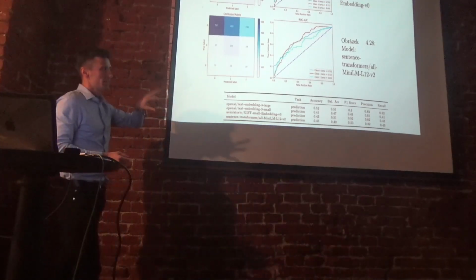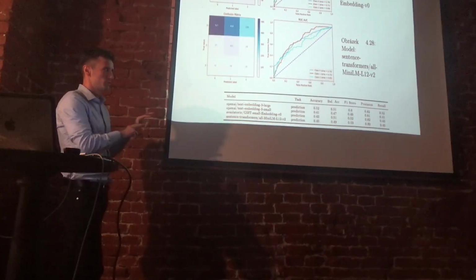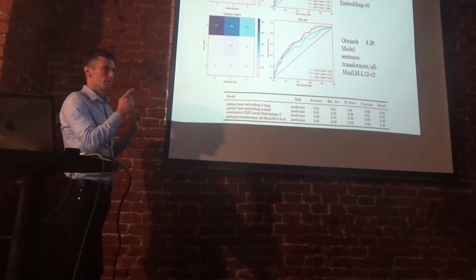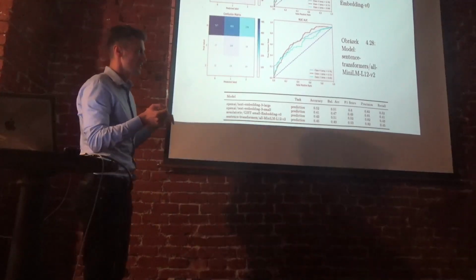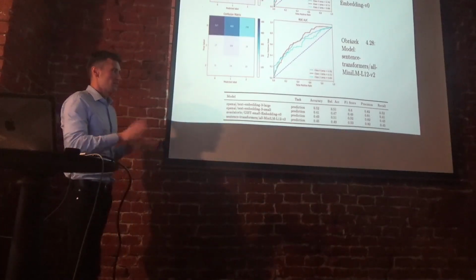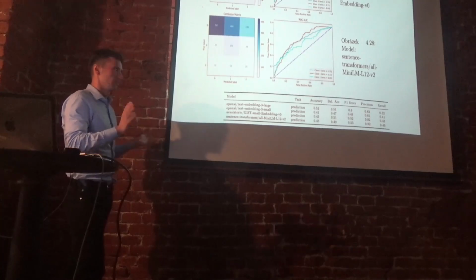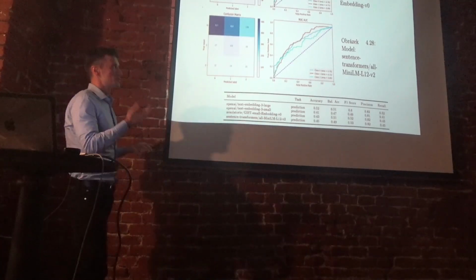And the thing is, if you have 3 classes, 0, 1, and 2, the baseline is 0.33. So if you have accuracy 0.5, it's starting to be quite something. It's not perfect, nothing spectacular, but you see the pattern.